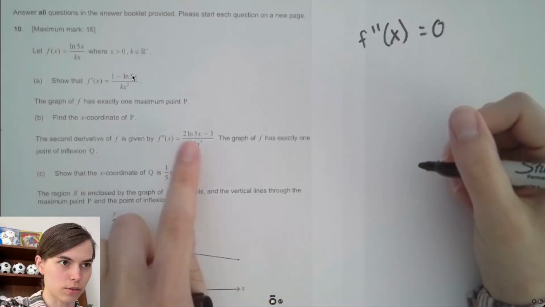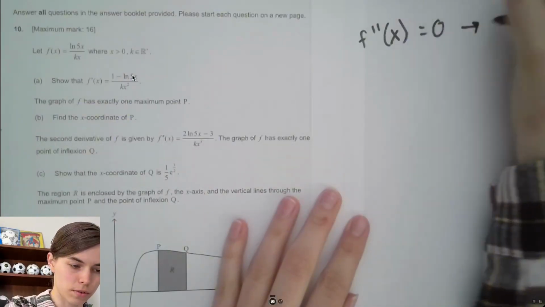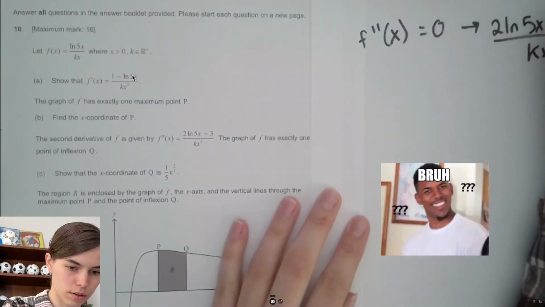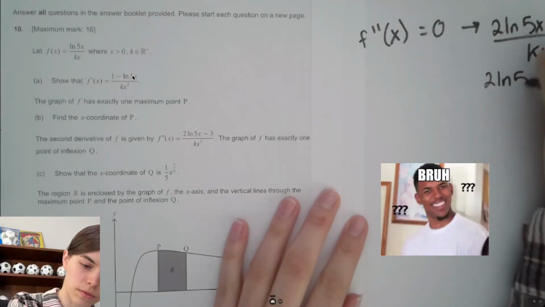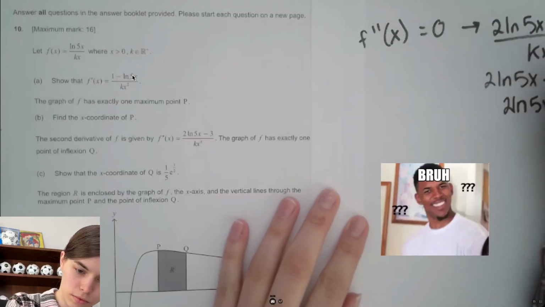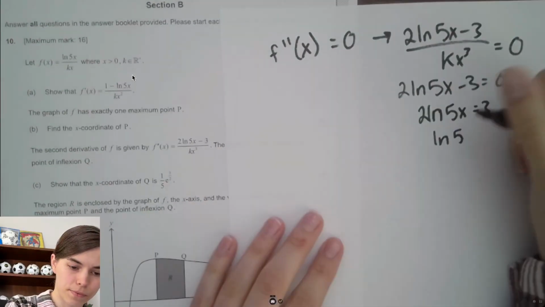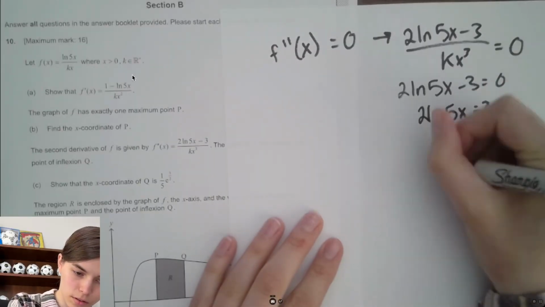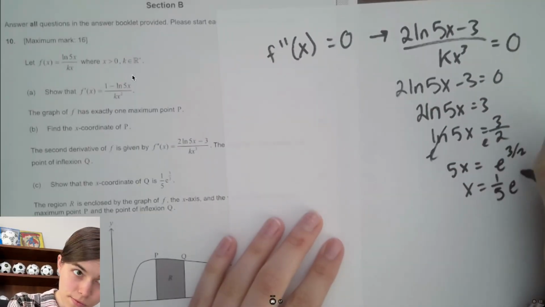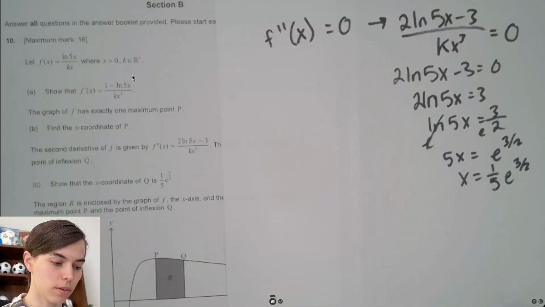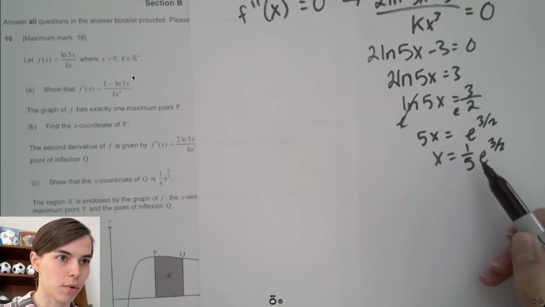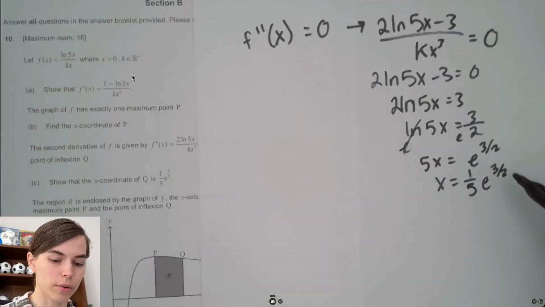So let's take the second derivative that they give us, set it equal to 0. Do ln of 5x minus 3. Then top equal 0. Add 3. Divide by 2. So we have found that the x-coordinate is in fact at 1/5 times e to the 3 over 2.